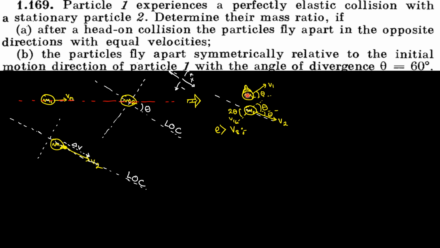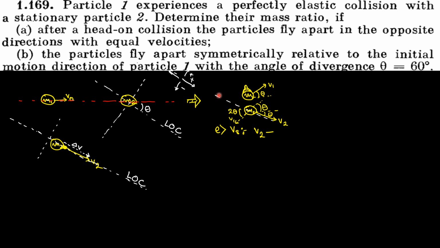And what is the velocity of separation? The velocity of separation is nothing but the velocity of m2 as seen by this observer. So what is this velocity along the x-axis, along the line of collision? It's v2 minus v1 cos 2 theta.